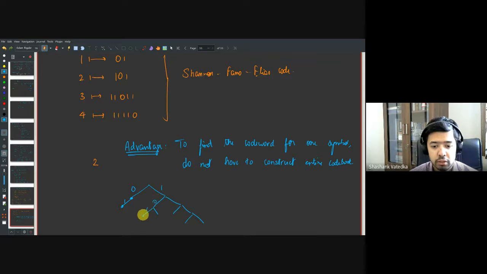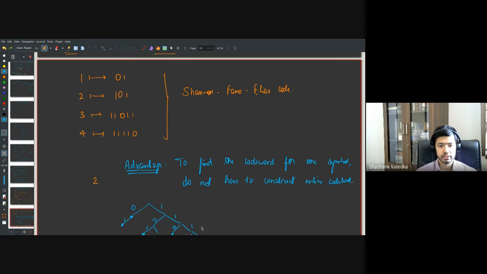It seems like a horrible code, because you're using too many bits. Certainly, you could get rid of many of these bits and still end up with a prefix-free code.